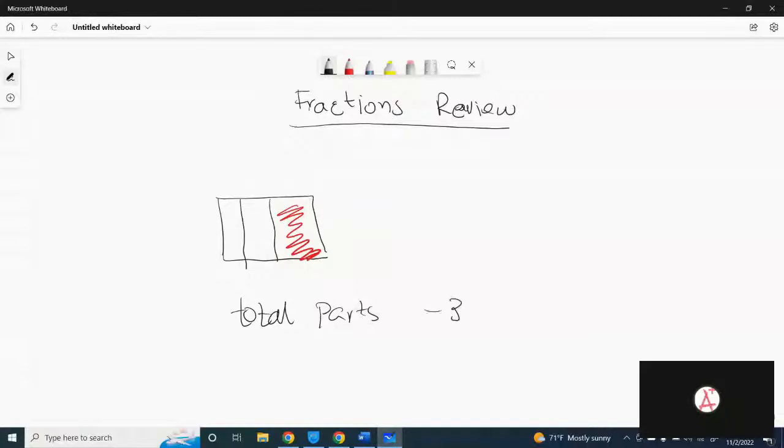Now you need to see out of 3 how many of them are red. Just one is red. So the fraction is 1 over 3. That means that out of 3, just 1 is colored. Got it?